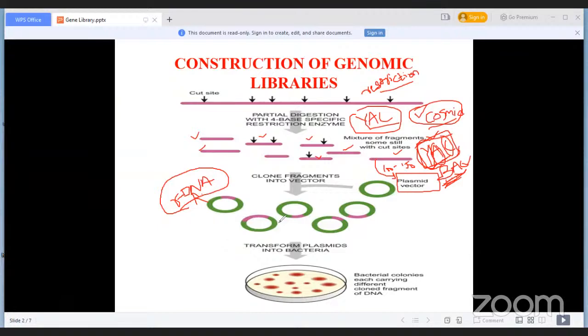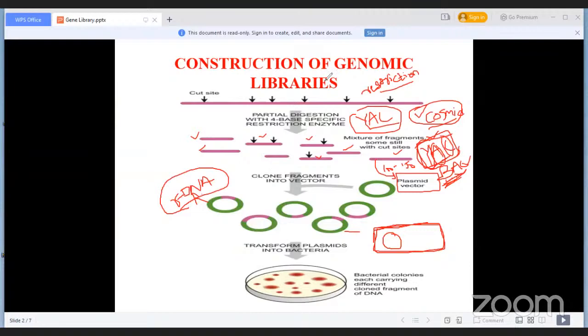Now these different types of rDNA are stored in another host cell. What is the host cell here? Bacteria, sir. Bacteria is the host cell because the plasmid is present in bacteria. That's why this rDNA is stored inside bacteria.